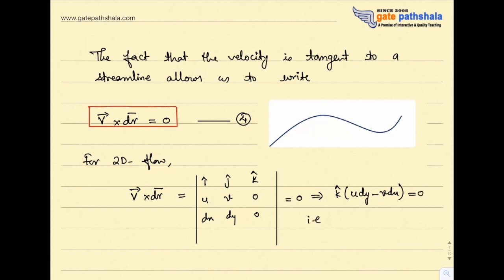That is, dx by u is equal to dy by v, which is the equation of streamline.